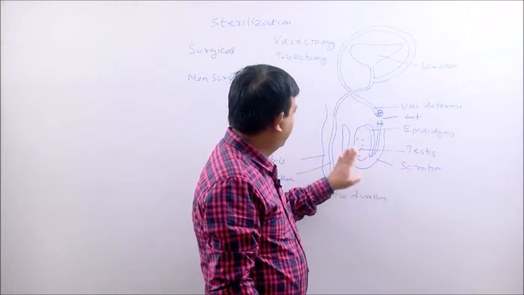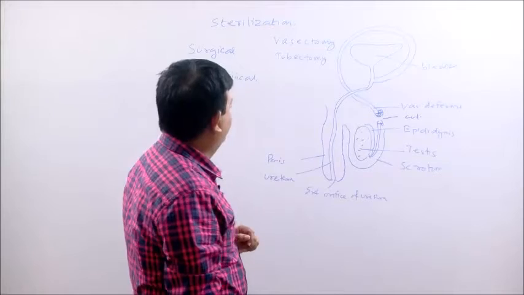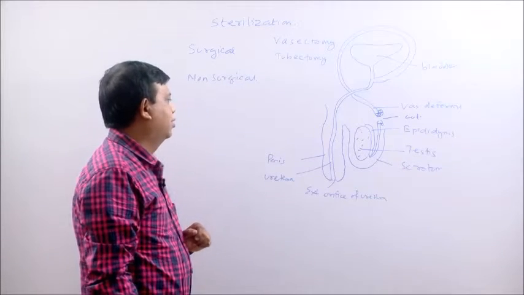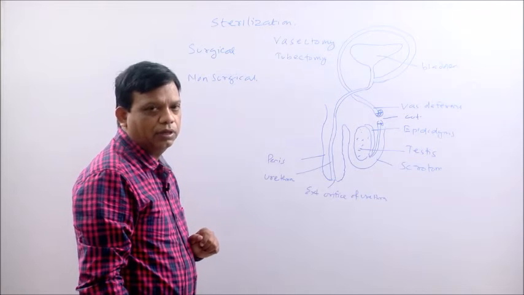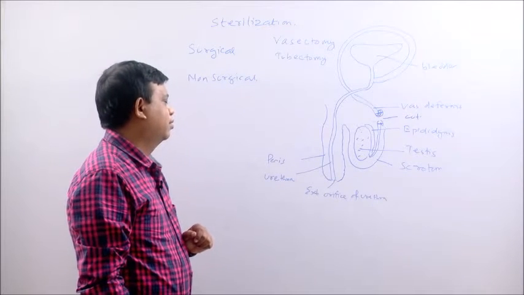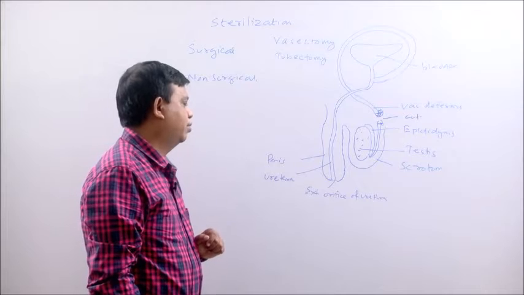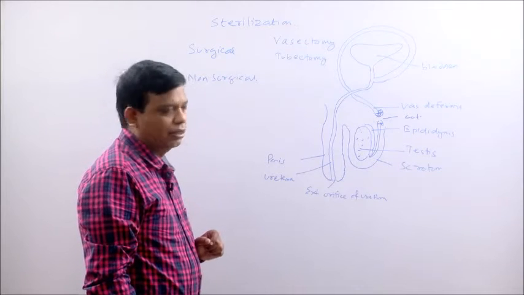So here, although the sperm carrying ducts are cut, sperm production continues as before. The sperms are destroyed within the body by phagocytosis.